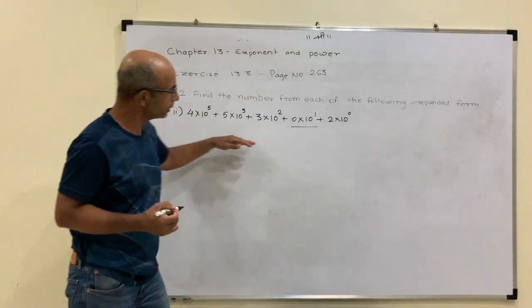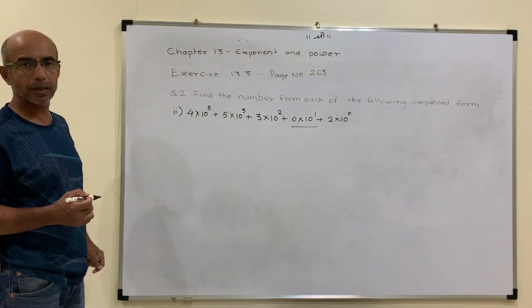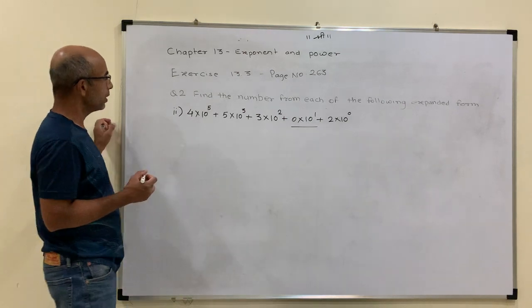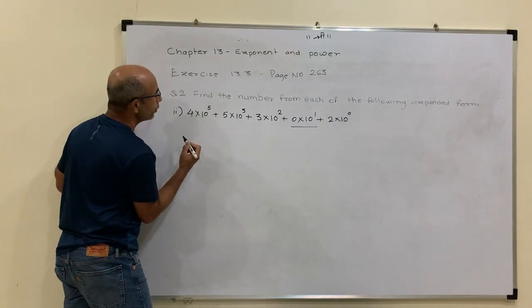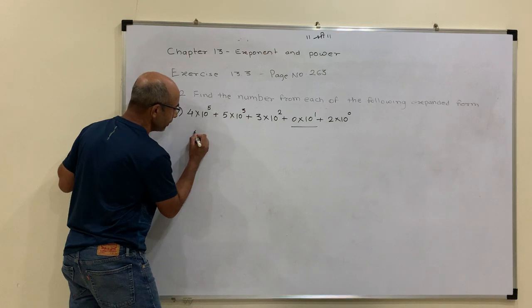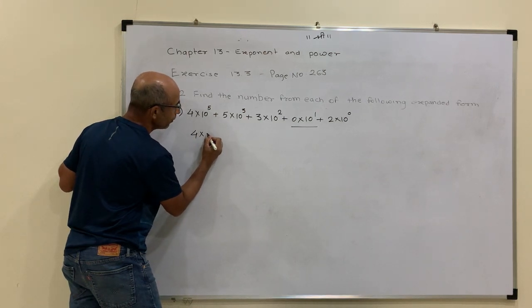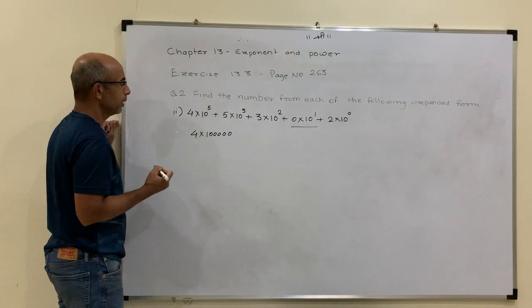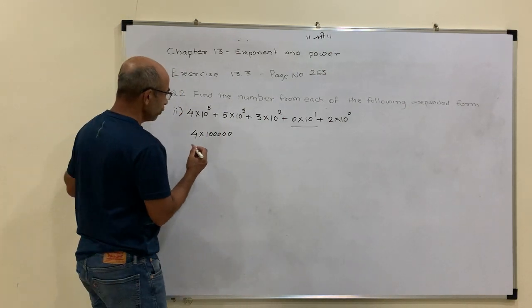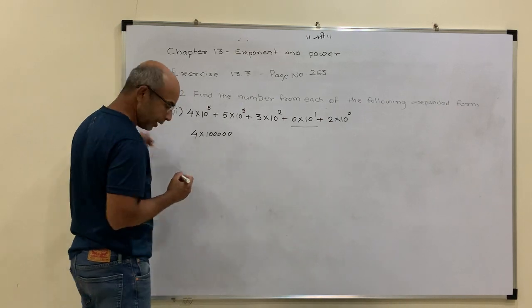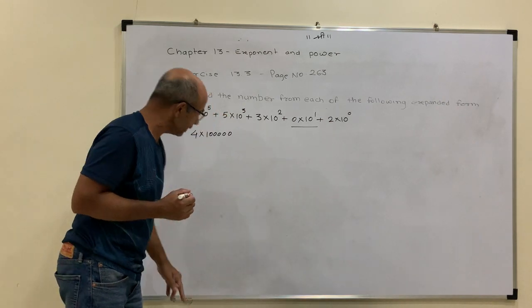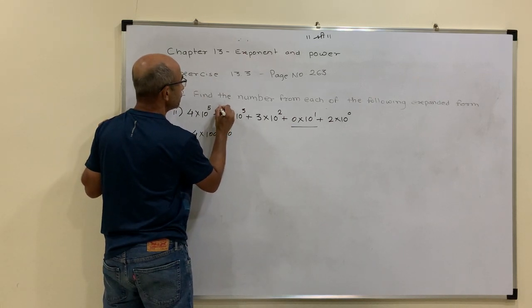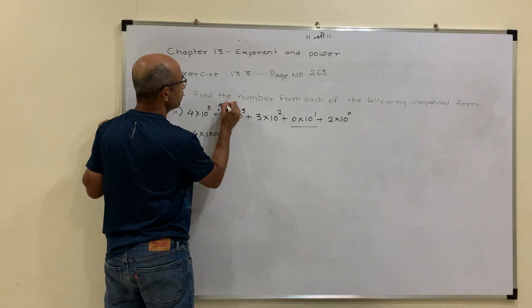So to solve this in a systematic manner, we follow the same steps which we followed in the previous one. So now 4 into 10 raised to 5 comes out to be 4 into 1 lakh. Then 5 into 10 raised to 3. Again, there is a missing number: 0 into 10 raised to 4.